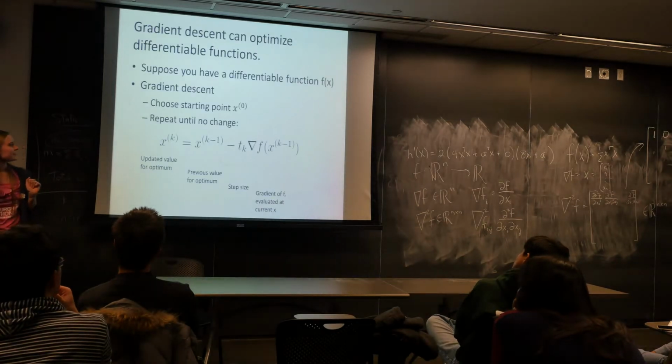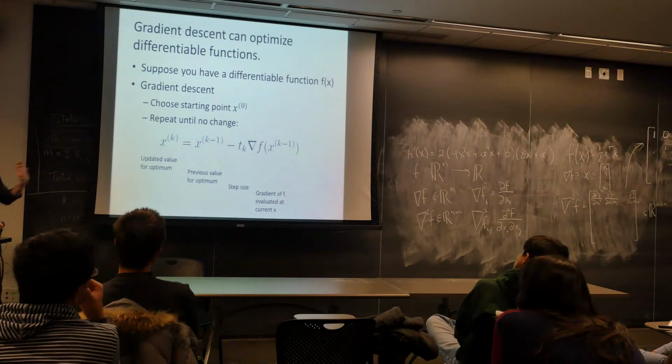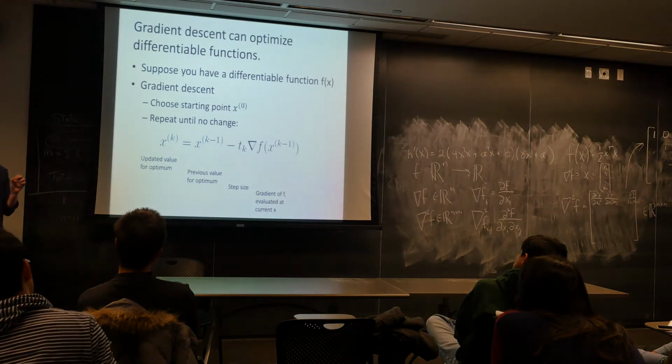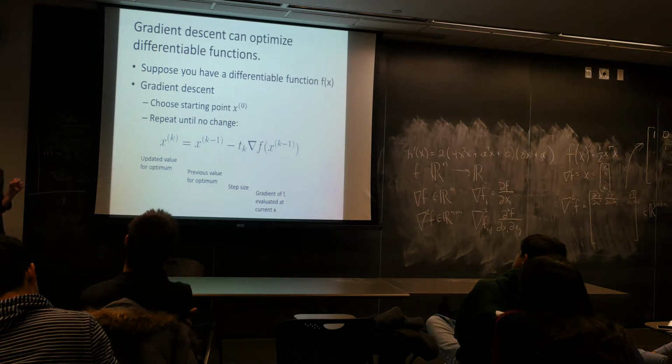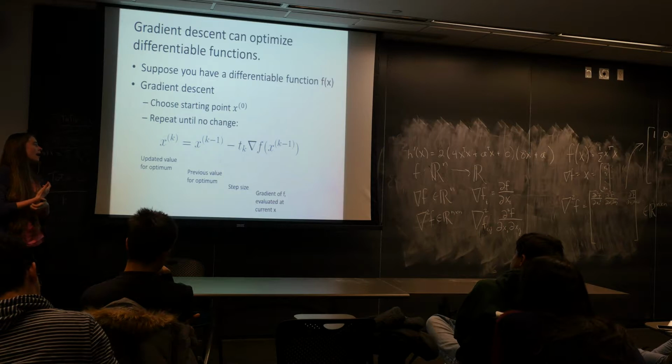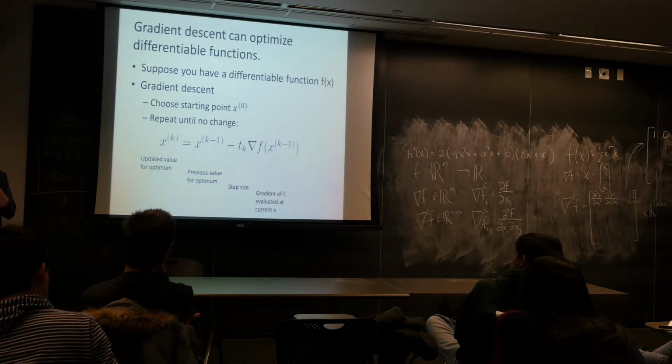Another thing that might come up when you're using gradient descent and logistic regression is that it's sometimes framed slightly differently, exactly the same concept.